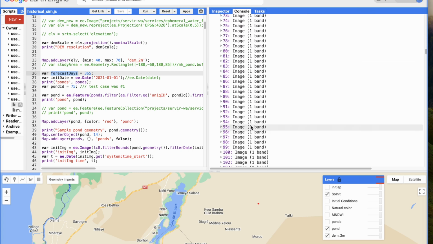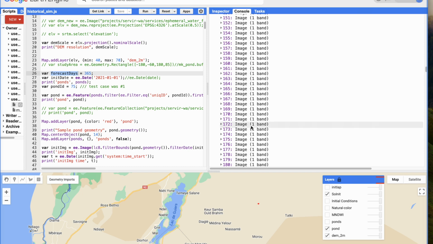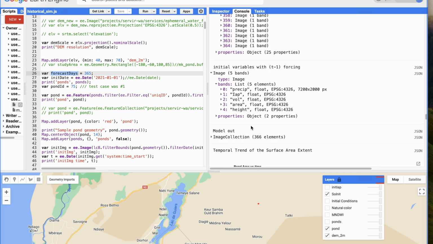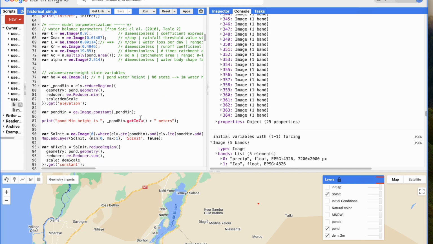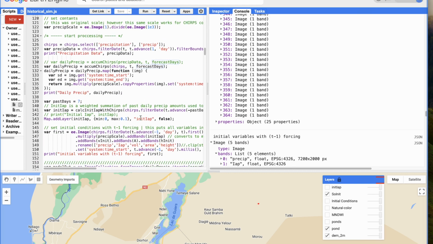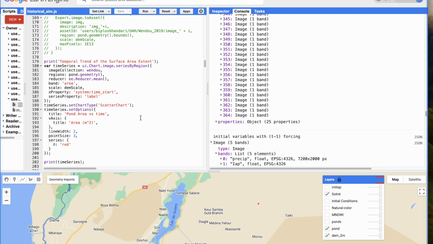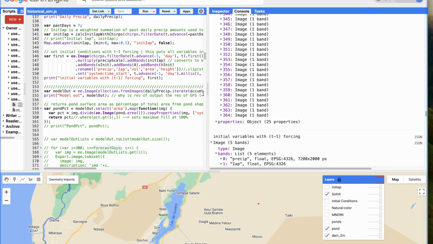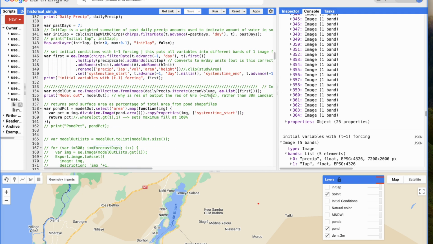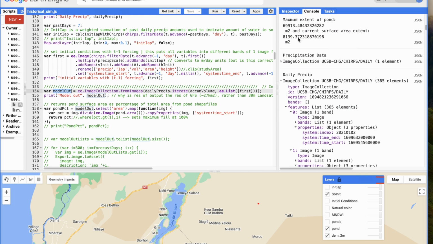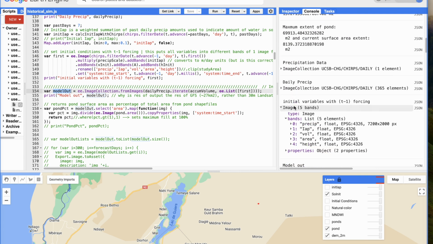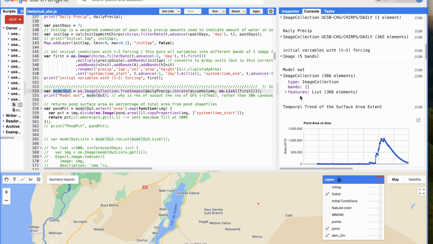So this particular image collection, which is filtered, has 365 days. It's basically going forward in time 365 days and doing all those calculations based off of the initial conditions that we have set up here. So this is the model out image collection.